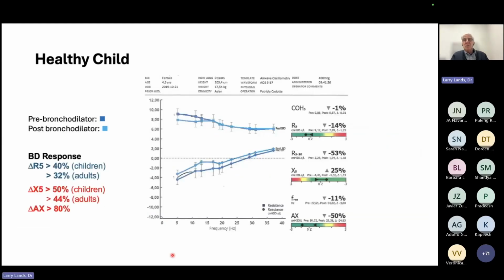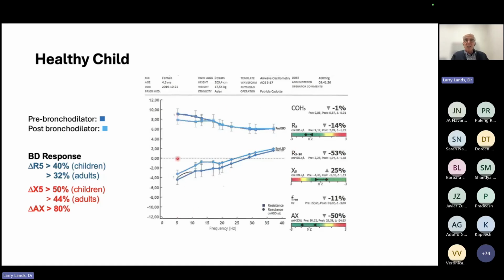So let's look at some real examples. Here's a healthy child. The pre-bronchodilator is dark, and the lighter blue is post. You can see there really is no frequency change with the resistance. There's only a 14% decrease in the resistance at 5 hertz.